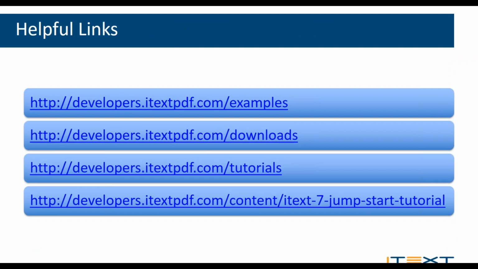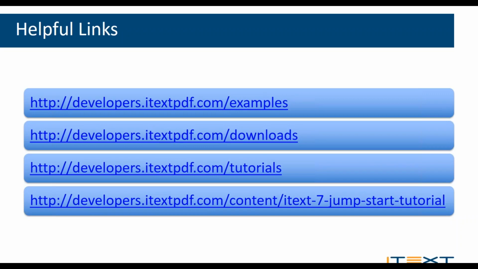So we are at the end of our webinar. Here are some of the helpful links with some examples, downloads, and tutorials of iText. The last one I wanted to mention is a great way of getting started if you are currently using iText 5 or you have never used iText before. This shows you the iText 7 Jumpstart tutorial.